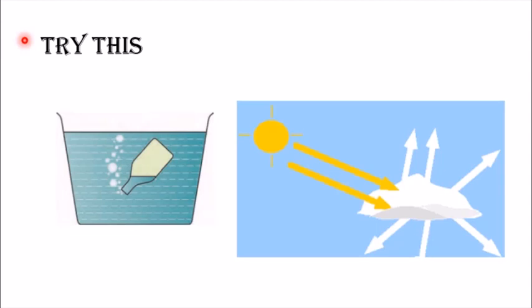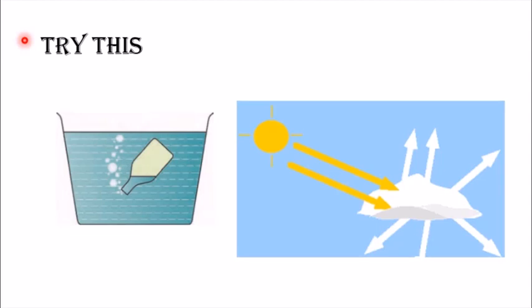Now, air is a mixture of very fine particles. Like there is dust in the air, smoke is there, mixtures, a lot of moisture is there. So when rays of light from the sun fall on these minute particles, these minute particles spread the light in all directions, because air is present in all directions.